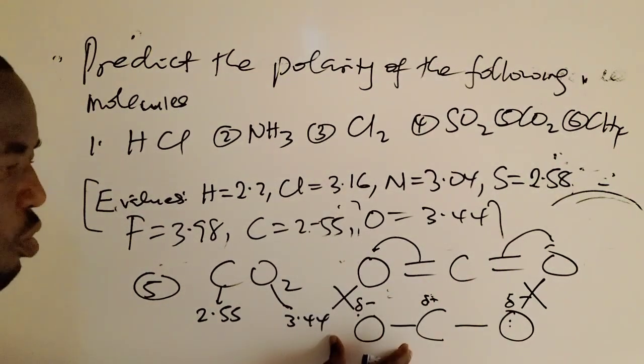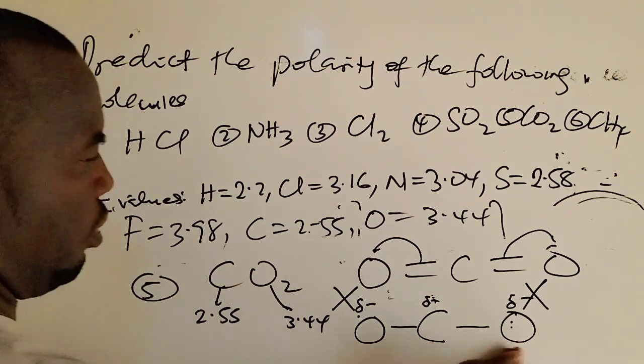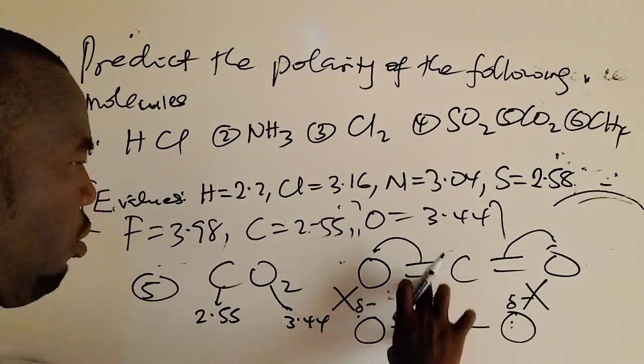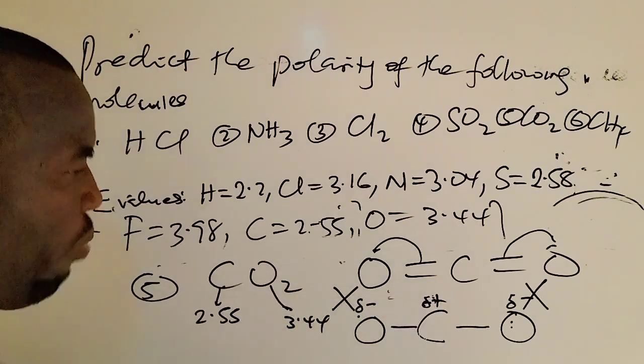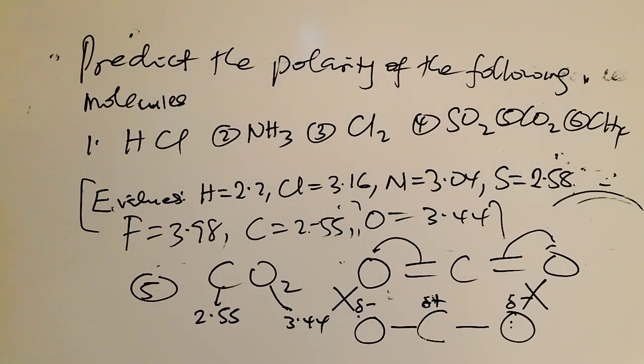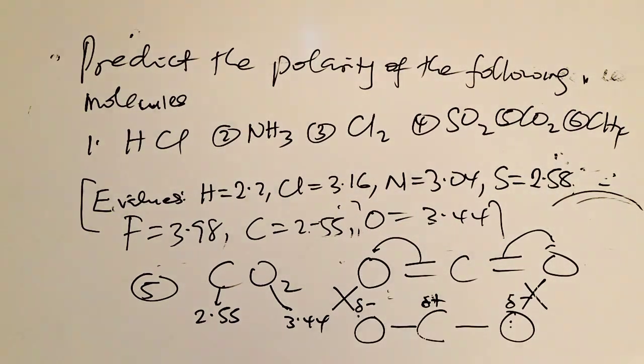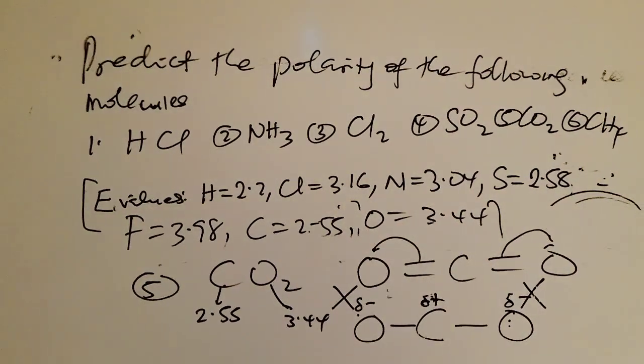This molecule is symmetrical. You can picture it this way: equal half, CO and CO. The central atom having no lone pair. The negative charge here will cancel this. So we'll now say that this molecule, the dipole moments have cancelled each other. Even though the CO bond difference gave us a large value, the molecule as a whole, CO2, is a non-polar molecule because the dipole moments cancel each other.